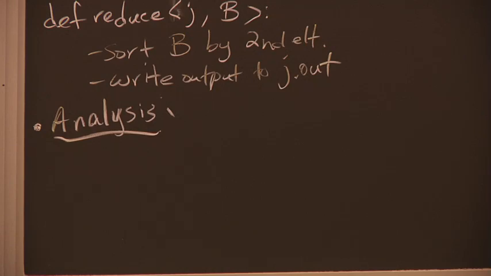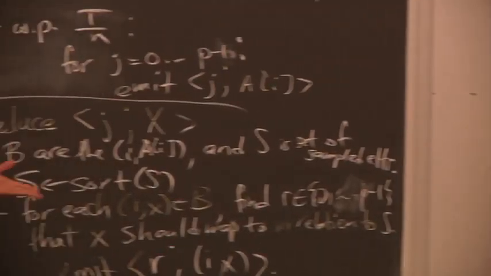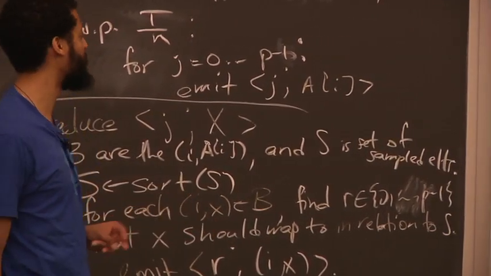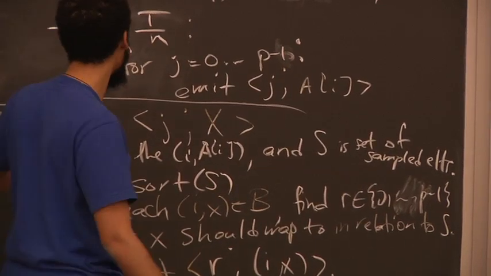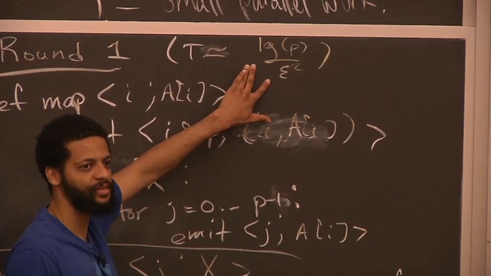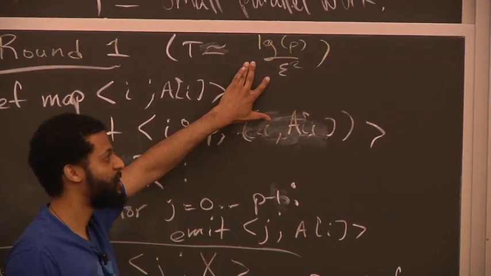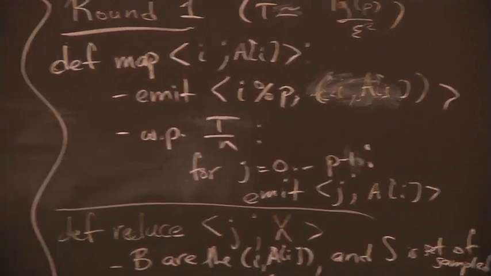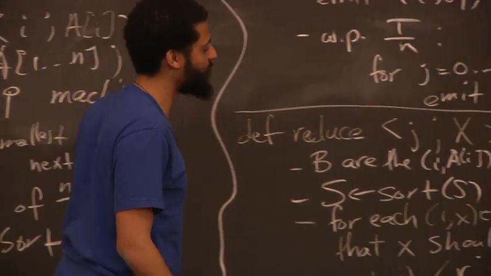In the reduce step, each reducer is getting the set B of items from the array that map to it. That set B has size n over p, which is sort of evenly spreading the work. There are n elements to be sorted, so that's great. And in addition to those n over p elements, I'm also getting log p over epsilon squared elements. So that's one thing I want to be balanced.